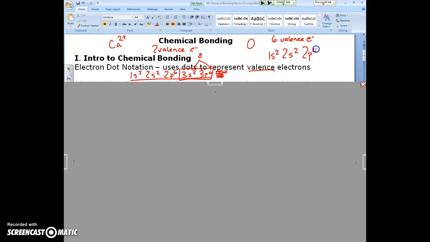It would look like this, and then it's going to gain 2 more, so instead of a 4 there, you'll have a 6. That gives it 8 electrons in its outer energy level, and so oxygen likes to become oxygen 2 negative. So you'll have some of that in the Bonding Homework 1 worksheet to do in figuring out whether an atom's going to gain or lose electrons. Just remember, they're going to do what's easier, and they're going to try and get to 8.